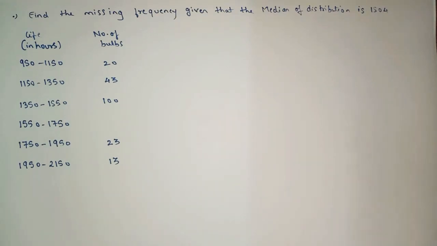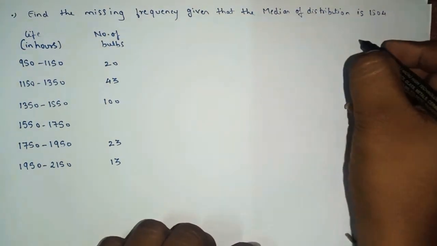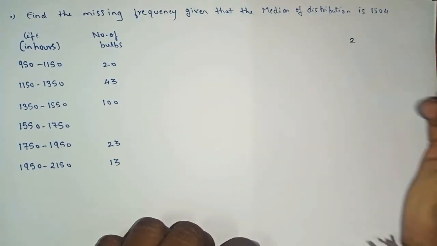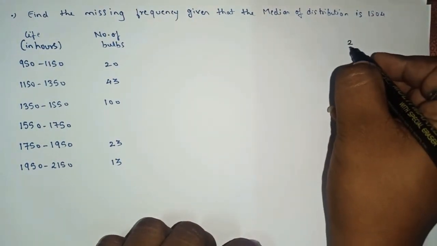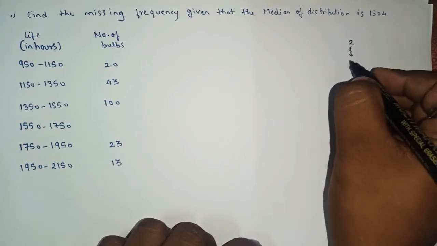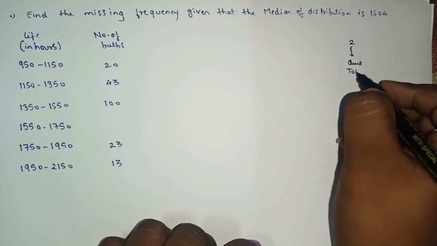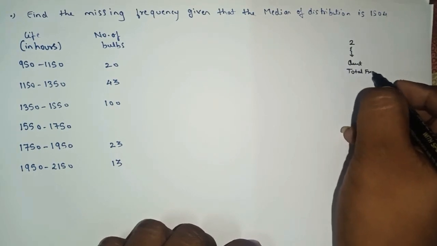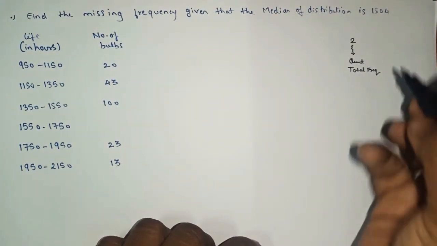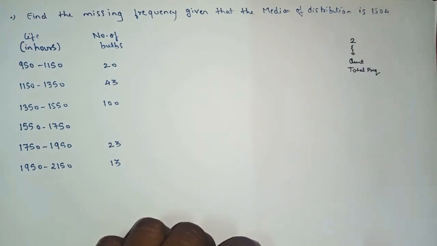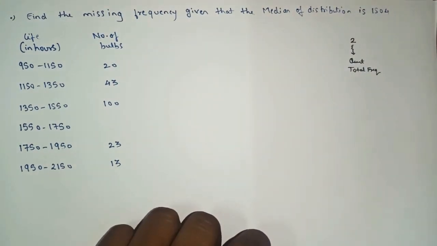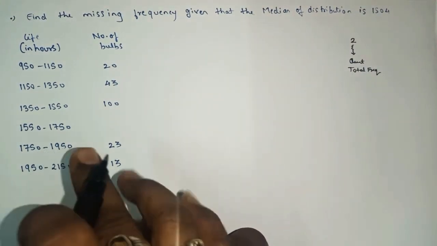Now remember that whenever you have to find two missing frequencies, you must require the value of quartiles as well as the total frequency. Without knowing these two values we cannot find the missing frequency.